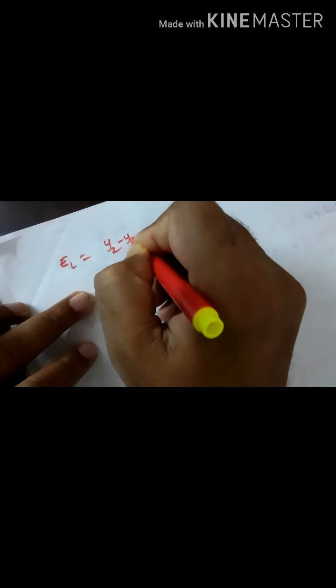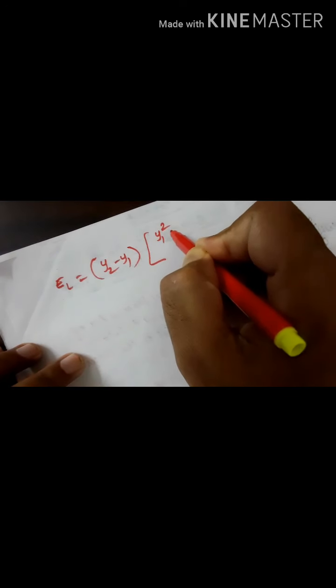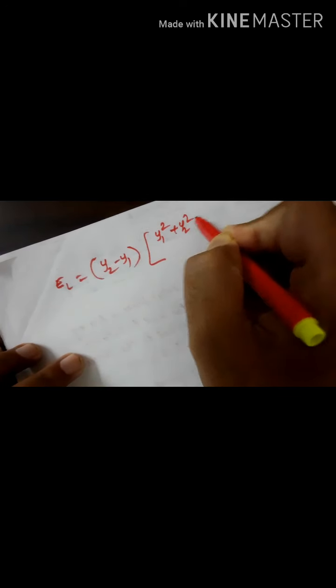Further simplify this one. Then EL you get y2 minus y1 into bracket y1 square plus y2 square minus 2y1 y2.